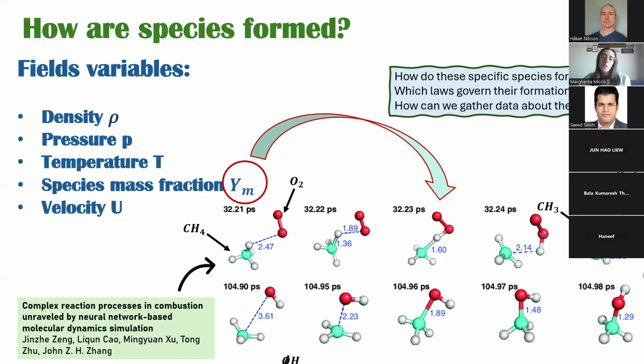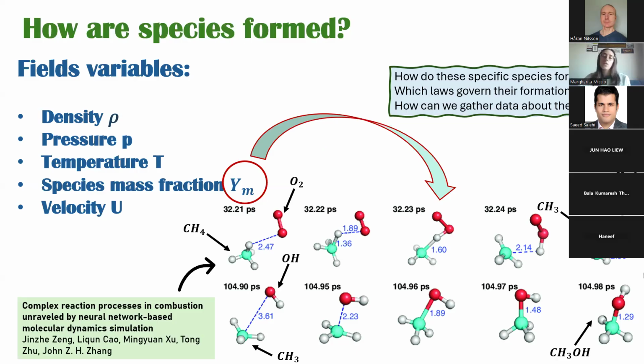Then a new radical, the OH, will meet the CH3. It will once again react to form CH3OH. So this is how they react. They first need to meet, then they will react to form some intermediate species.